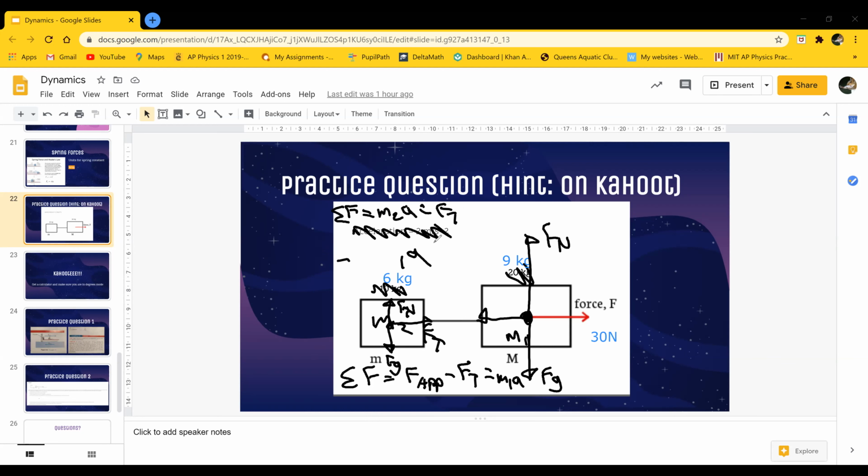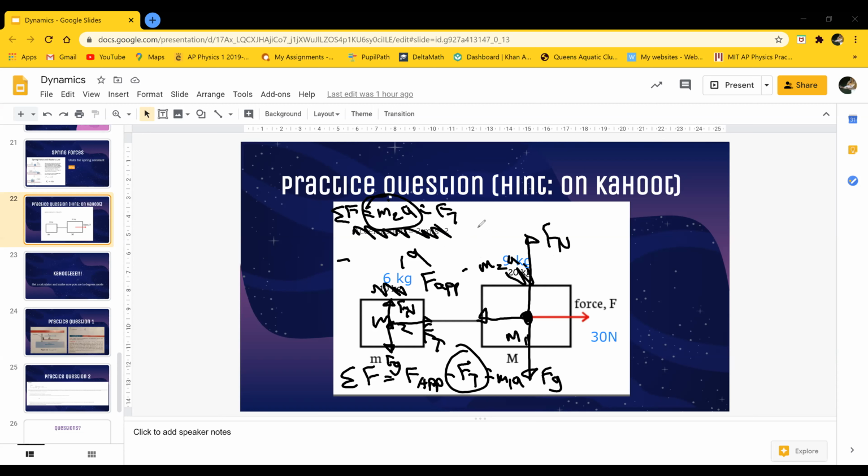Okay, so now we need to find the tension force. We know that the acceleration is equal, and we know that the force of tension is equal. We just don't know their values. So we could take this equation, m2a, and substitute it into this equation. So we get F applied minus m2a is equal to m1a. Wait, I'm sorry.